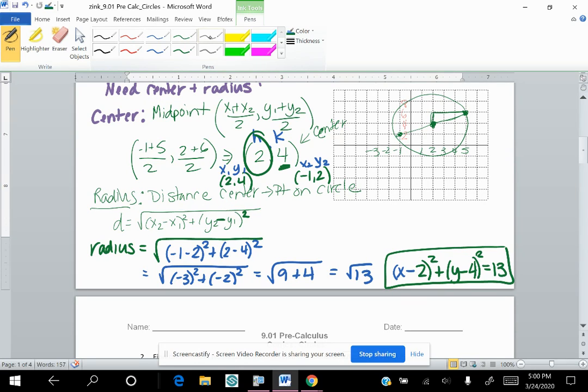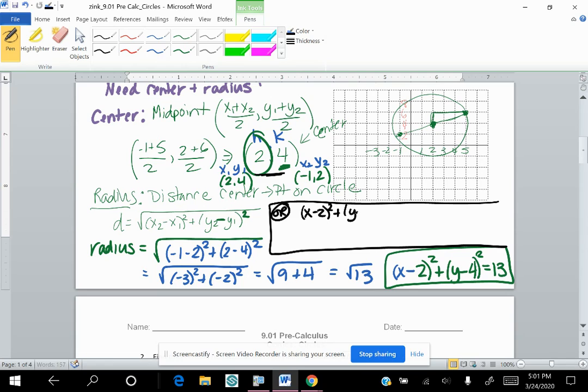Now I want to go over real quick another option you can do. Once I find the center, I know the equation is (x - 2) squared plus (y - 4) squared equals r squared. So instead of using the distance formula, you could just substitute your point in for x and y. x could be -1, and you could use either point, it would work. y is 2.